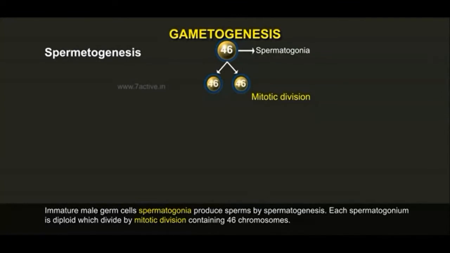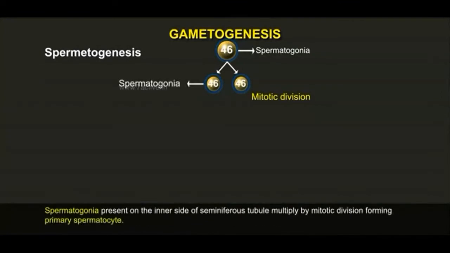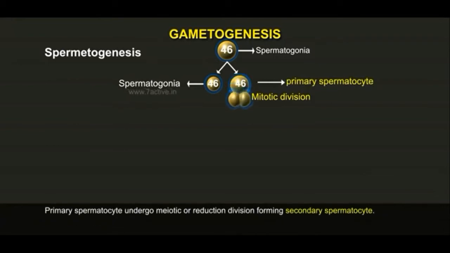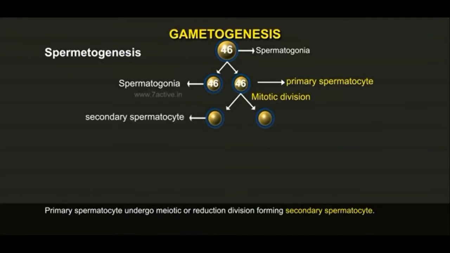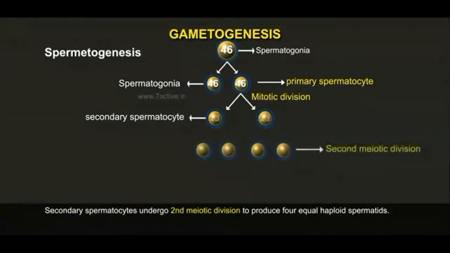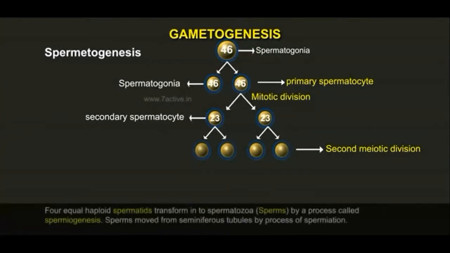Spermatogonia present on the inner side of the seminiferous tubule multiply by mitotic division, forming primary spermatocytes. Primary spermatocytes undergo meiotic or reduction division, forming secondary spermatocytes. Secondary spermatocytes undergo second meiotic division to produce 4 equal haploid spermatids.